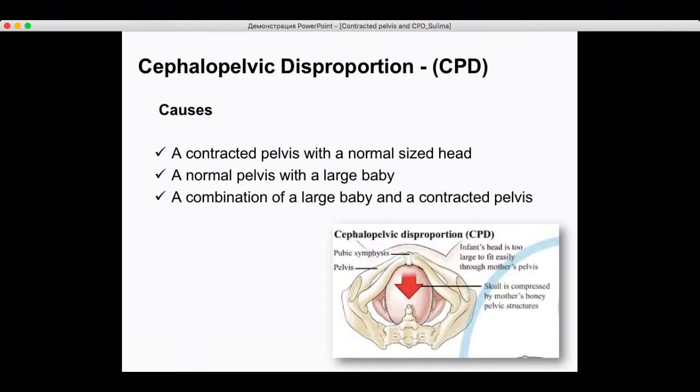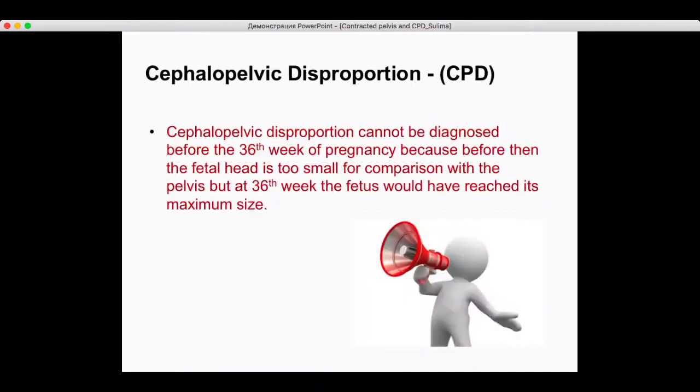Another condition is a normal-sized pelvis but a large baby, where the weight of the baby is more than 4 kilograms, for example. And the last condition, a combination of a large baby and a contracted pelvis, can also lead to cephalopelvic disproportion.